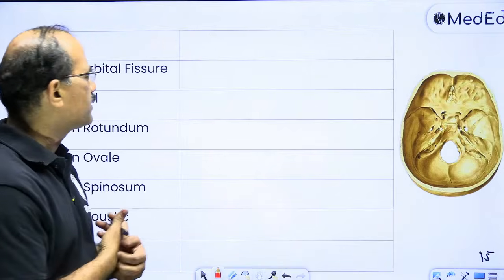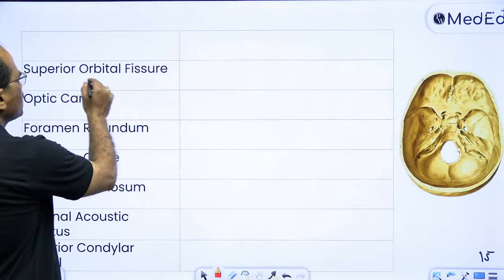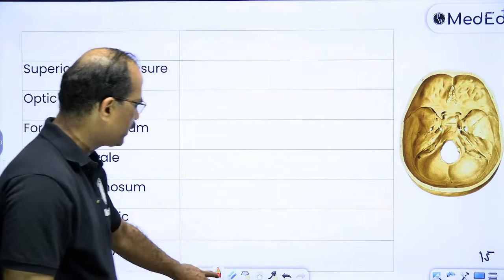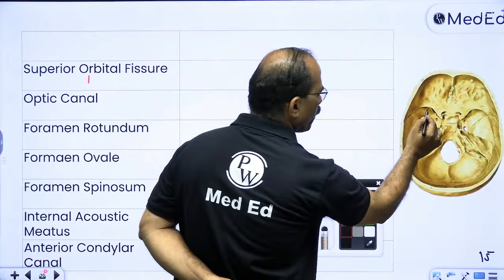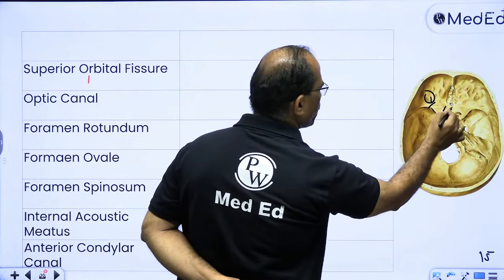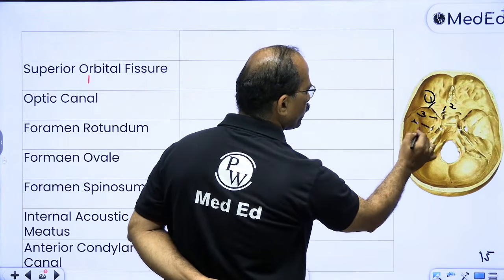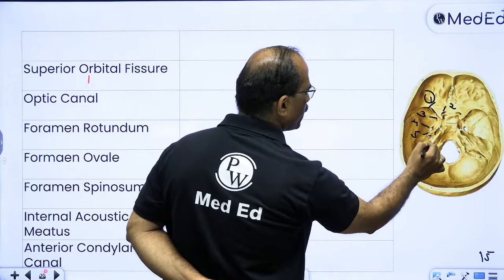Okay. Chalo, answer this. Structures passing through the superior orbital fissure. Okay, this is number 1. Superior orbital fissure kahan pe? This is the superior orbital fissure. This is the optic canal. This is the foramen rotundum, foramen ovale, foramen spinosum, foramen lacerum.